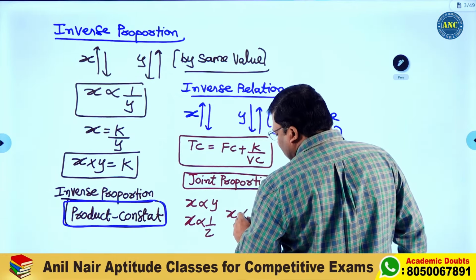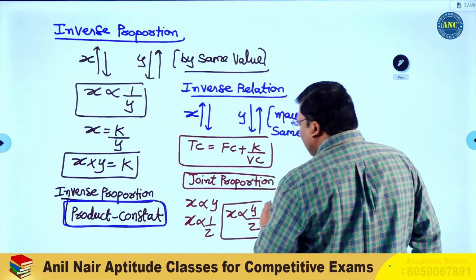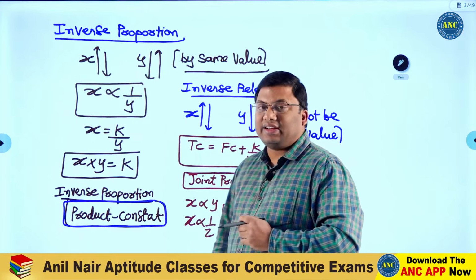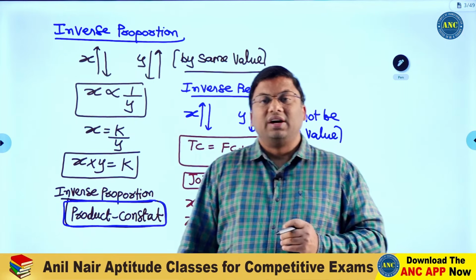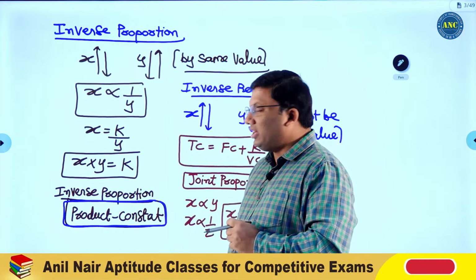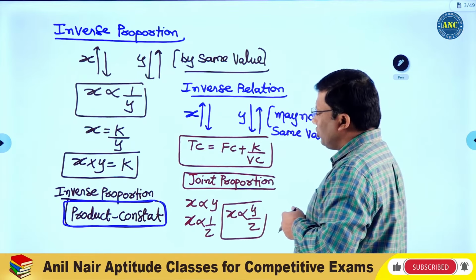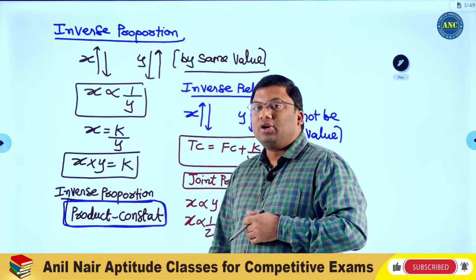So x is proportional to y by z. It can be a combination of direct with direct, direct with inverse, or inverse with inverse. Joint is a combination of two proportions.